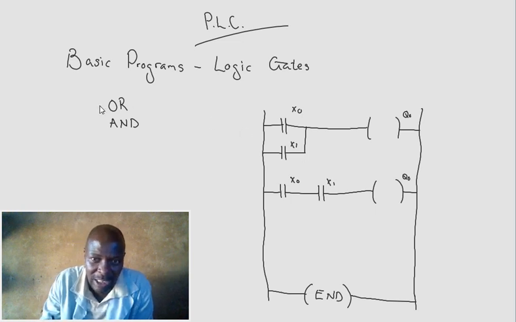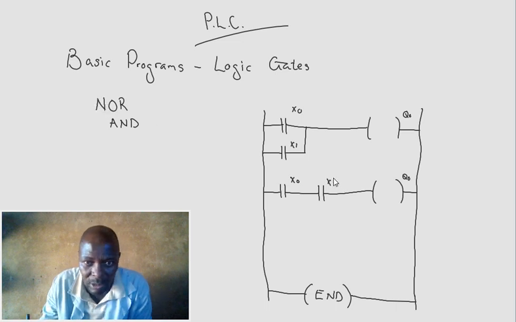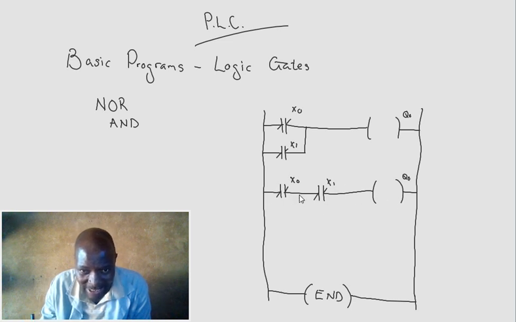All right, so let's go on and say, how then do we do the NOR? Can we do this and get the NOR? Perhaps. Or can we do that and get the NOR? Let's look at this. If we don't touch any of these, that rung is true.